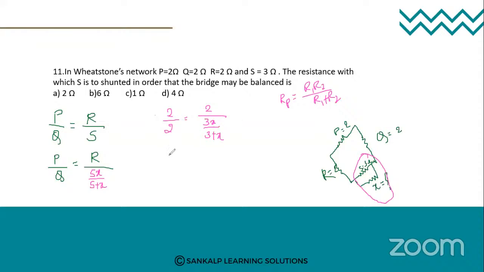We need to calculate the value of X, students. Can anyone tell me what is the answer? Here 2 by 2 will be 1, which is equal to 2 into bracket 3 plus X upon 3x. So what is the value of X?